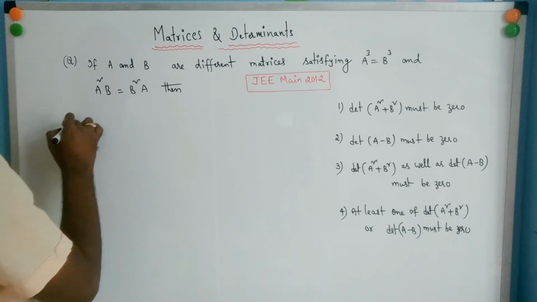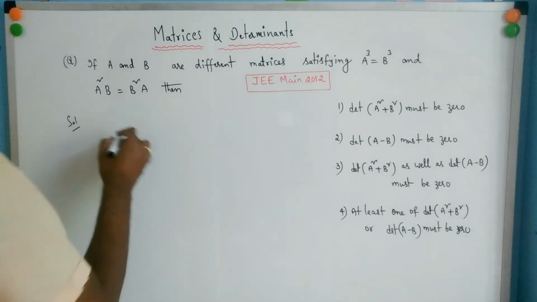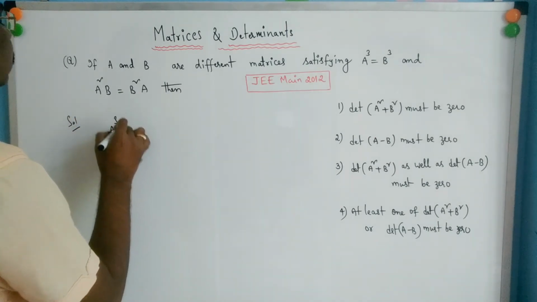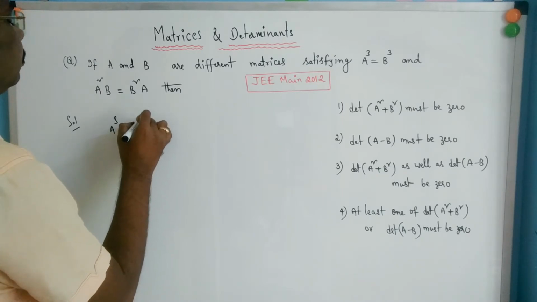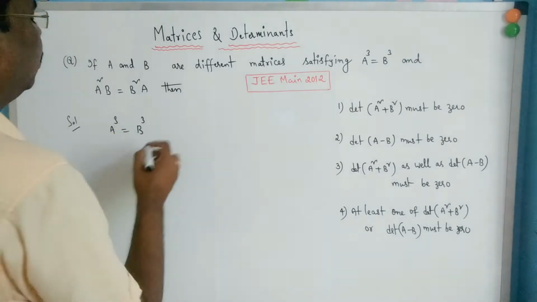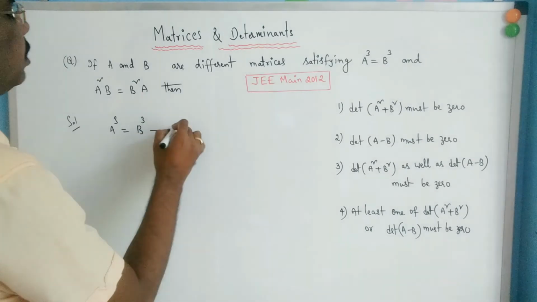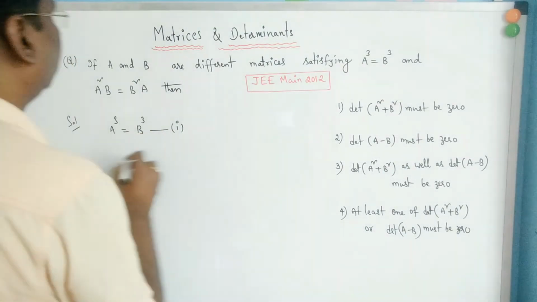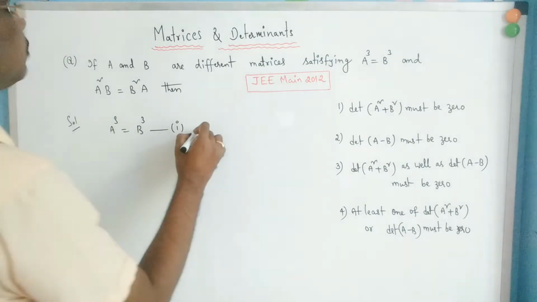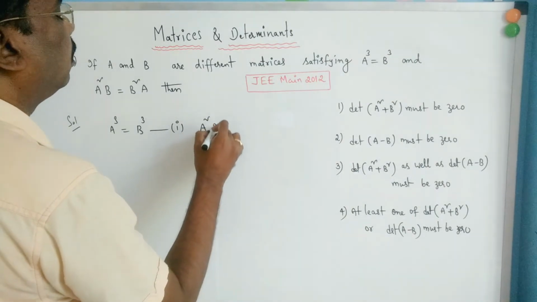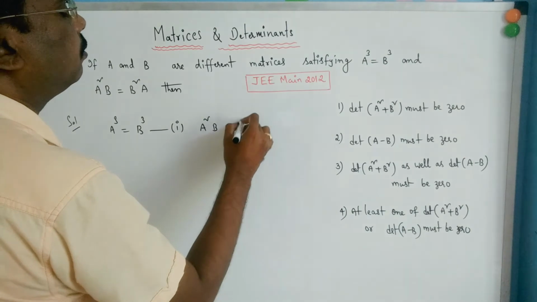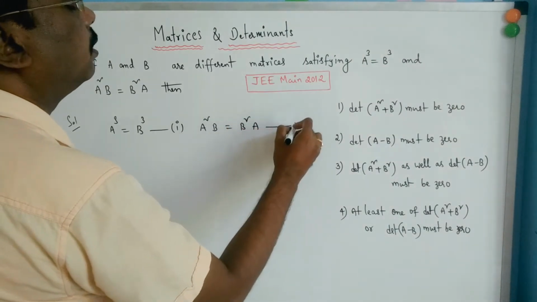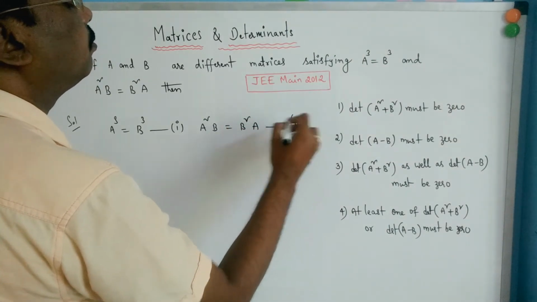Okay, now we are given A cube is equal to B cube. Now here, equation 1. Okay, second one, A square B is equal to B square A. Now equation 2.